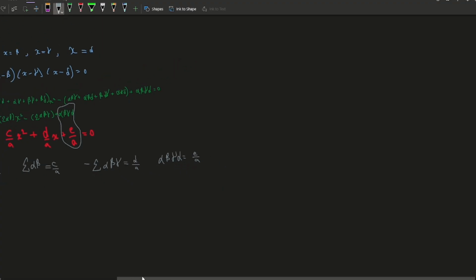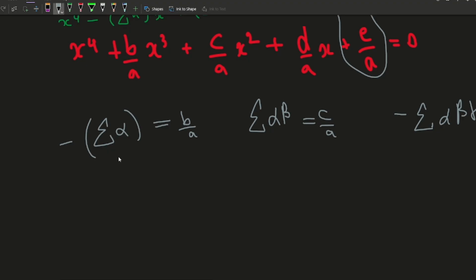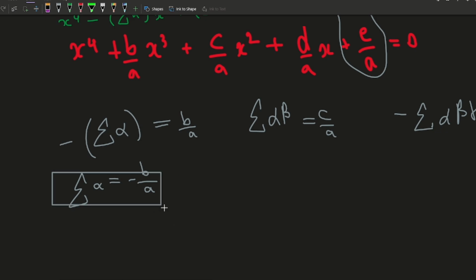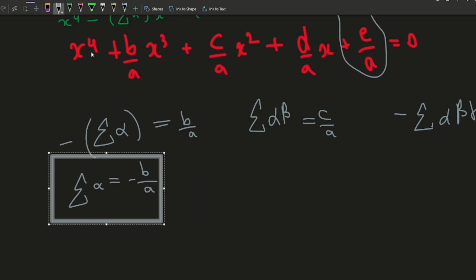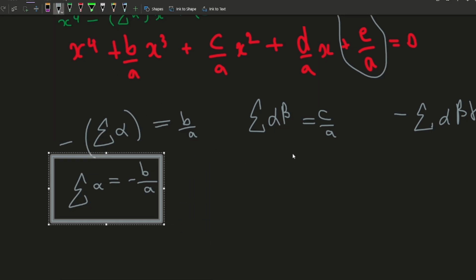So let's make the negative a positive. Summation of alpha, the sum of roots, is negative. Let's make it positive. So the sum of roots alpha is equal to minus b over a. This is our first Vieta formula for a quartic. So now this is our second one.